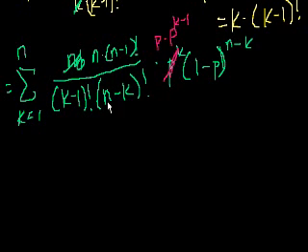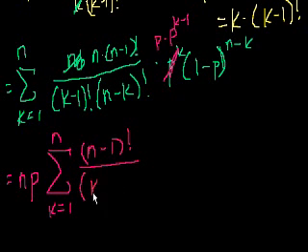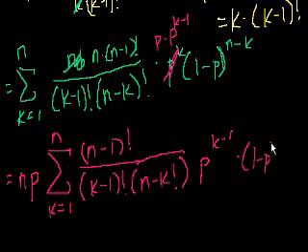Then we can factor out this n and this p, and this is equal to np times the sum from k equals 1 to n of n minus 1 factorial over k minus 1 factorial times n minus k factorial, times p to the k minus 1, times 1 minus p to the n minus k. And we're close.